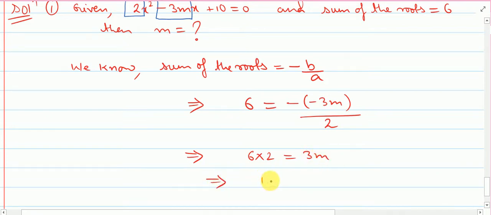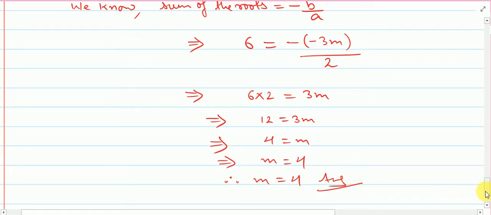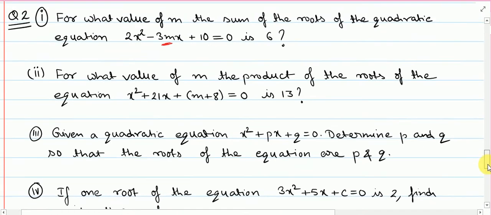So we get 12 equal to 3m. Now 3 will divide 12, so you'll get 4 equal to m, implies m is equal to 4. Therefore m equal to 4 is the answer. Now let us see the next.